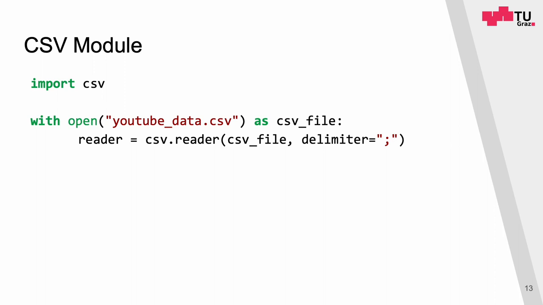As we have seen previously, in this YouTube data the delimiter character is a semicolon, and therefore we need to specify the semicolon as delimiter character. We then store this csv.reader object in a variable called reader. Then we can iterate through the rows in the file using a for loop, so we just type for row in reader.